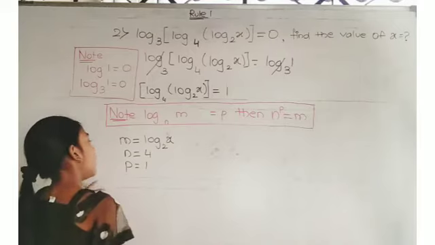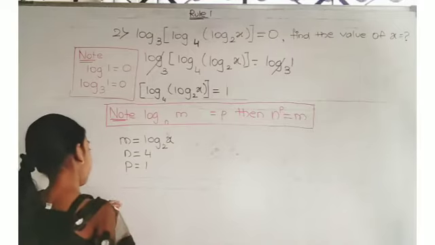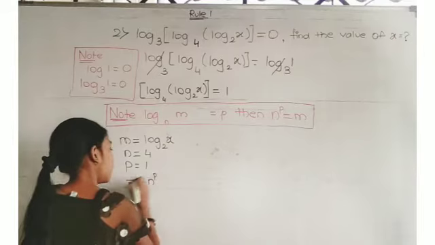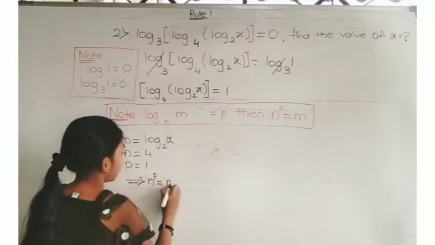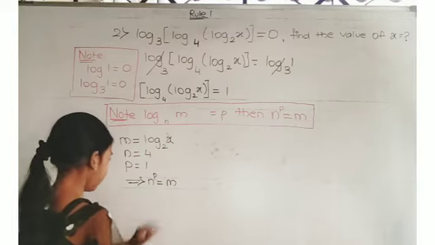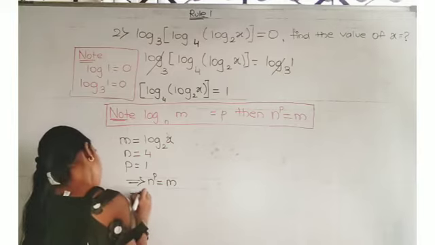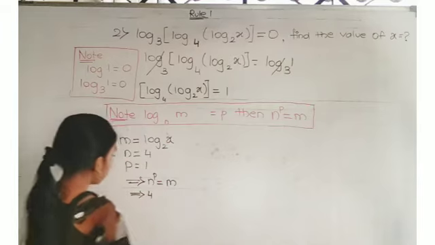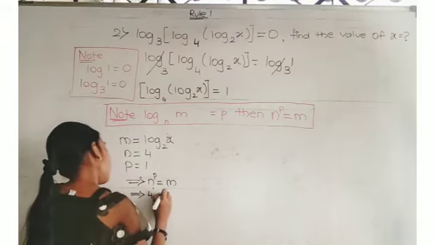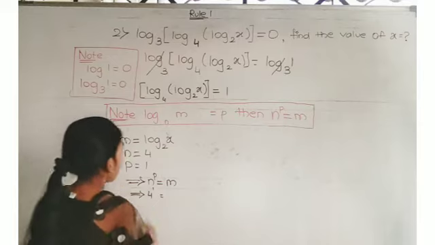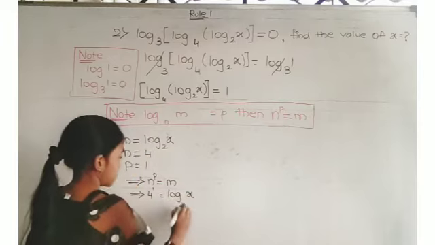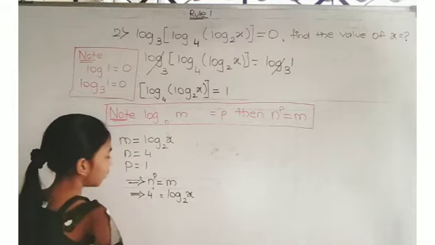Now we are going to write this into the simple form. n raised to p is equal to m. n value is 4, p value is 1, is equal to m value, which is log x base 2.